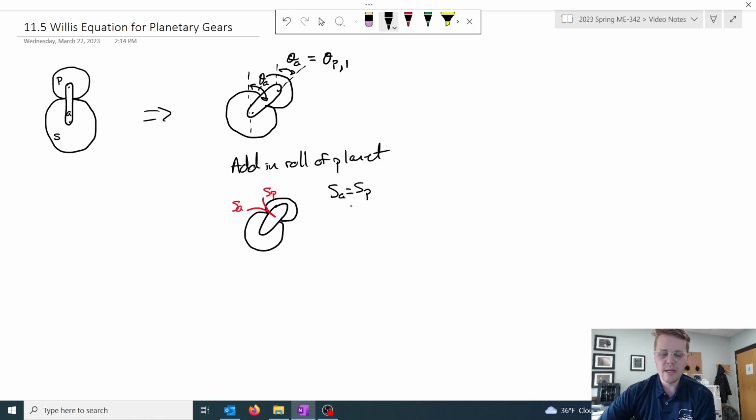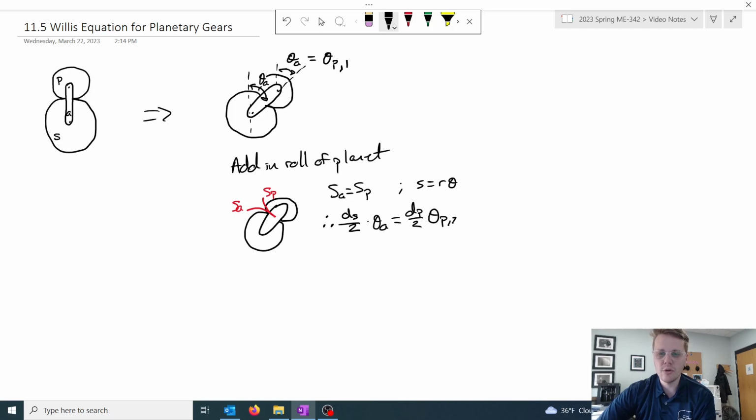And we can rewrite this equation using the standard arc length equation, which is that S equals R theta. And therefore, we can relate these by saying that the diameter of the sun over 2, because I want R, and we're talking about this position at the outer radius of the sun, times the angle traversed by the arm must be equal to the diameter of the planet over 2 times theta p.